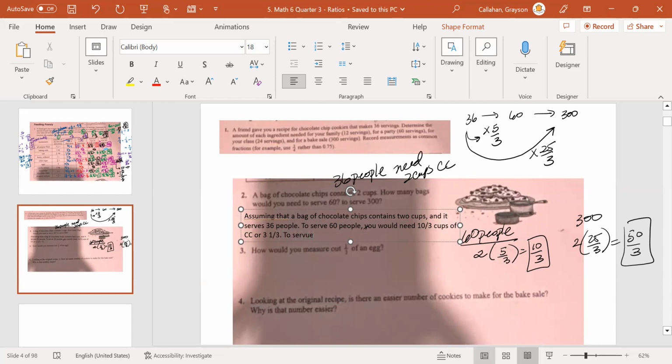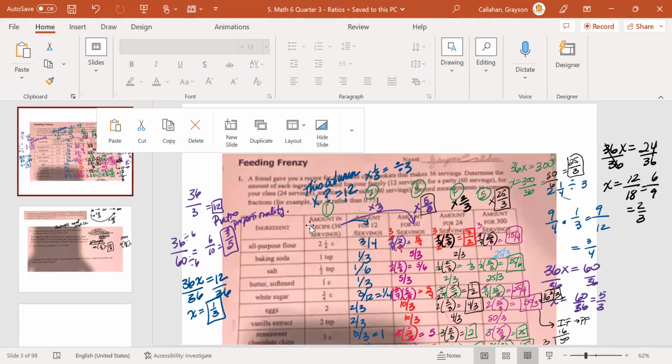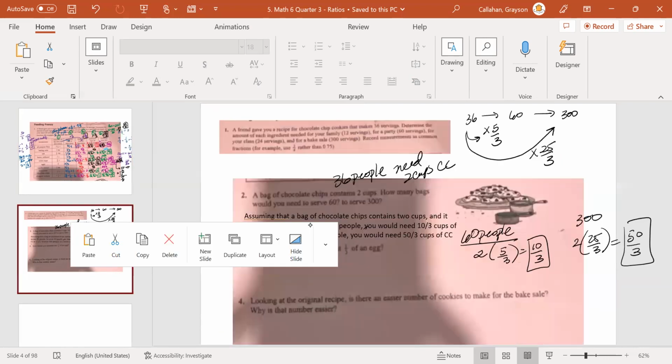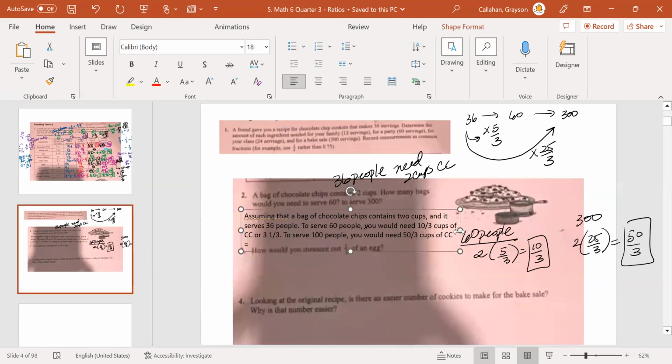To serve 300 people, you would need 50/3 cups of chocolate chips, which is also equal to, I think 50/3 at one point we said was 16 2/3, right? Okay. So that's how you would answer that question.